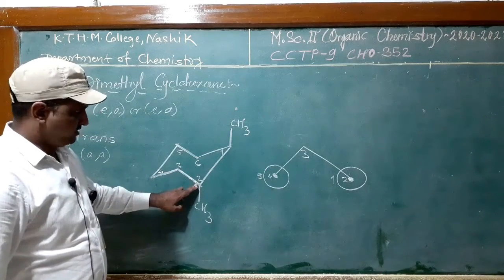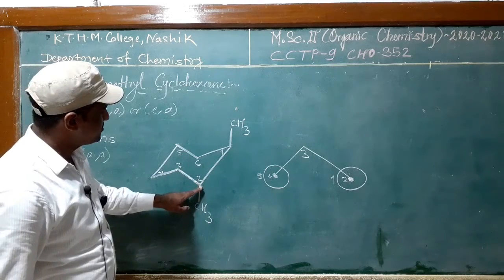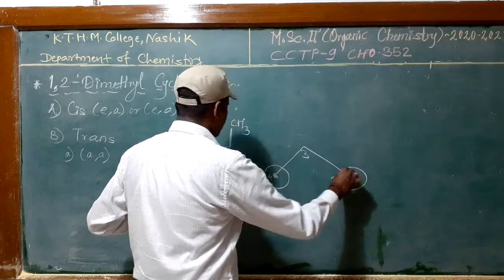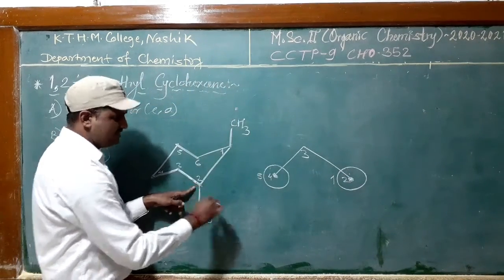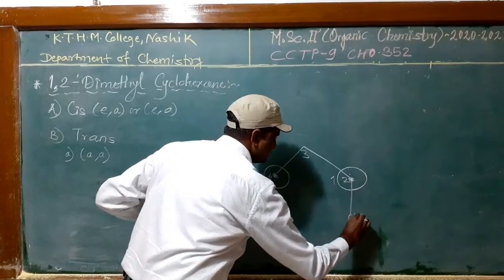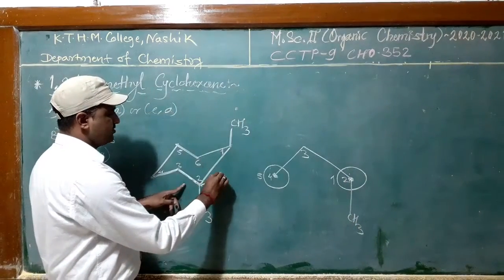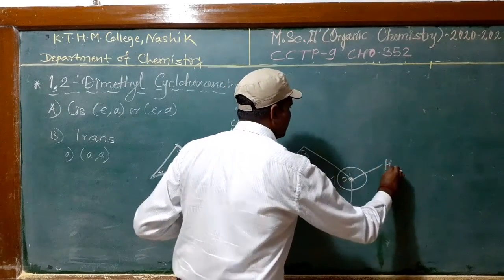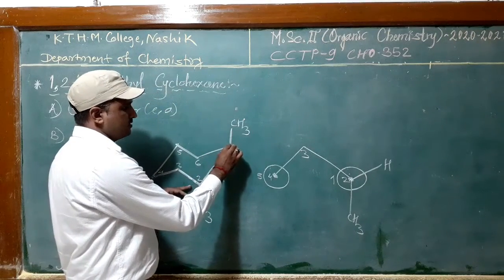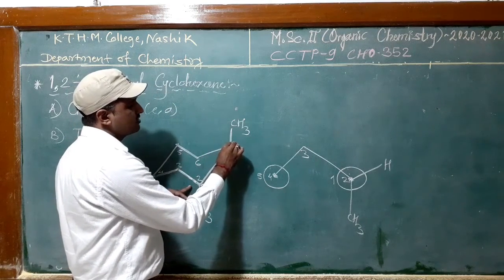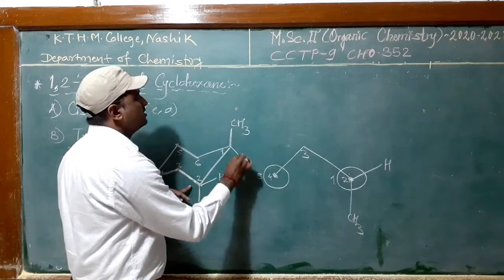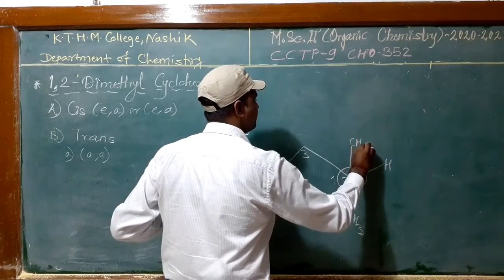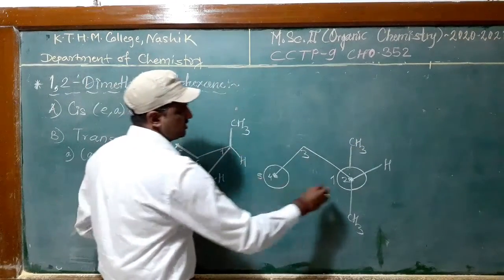So first of all see the substitution over carbon number 2. This front carbon atom, the first dot, carbon number 2, has a downward direction axial CH3, and the second substitution is the hydrogen in the equatorial position, like this. Then its backside carbon atom, carbon number 1, has an axial CH3 group and an equatorial position hydrogen.